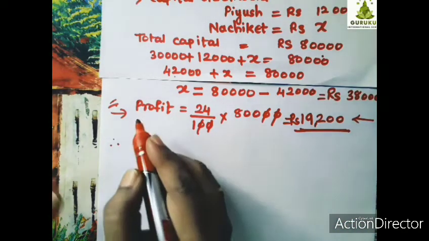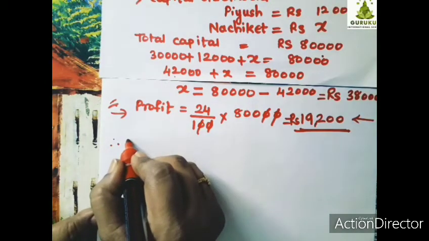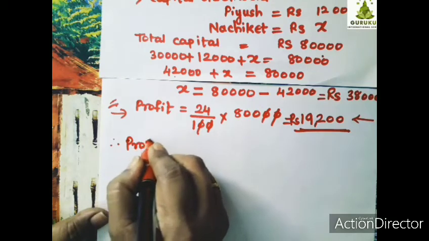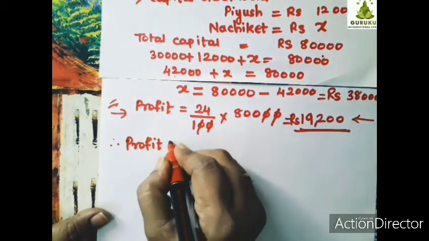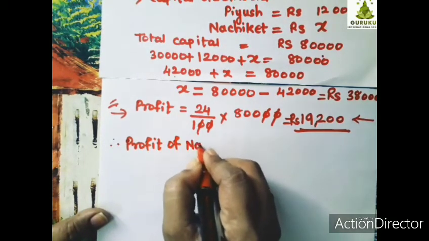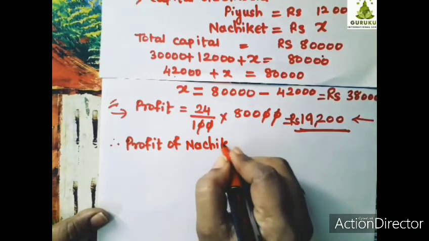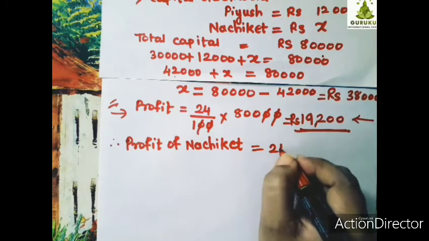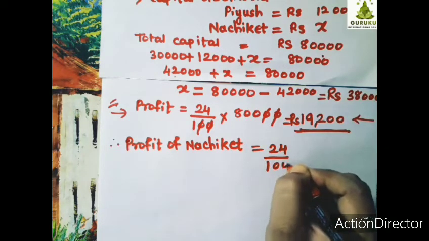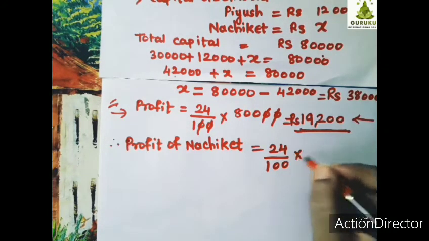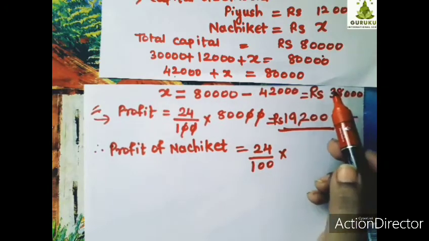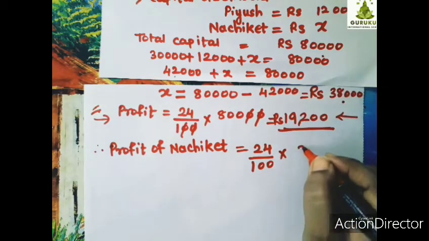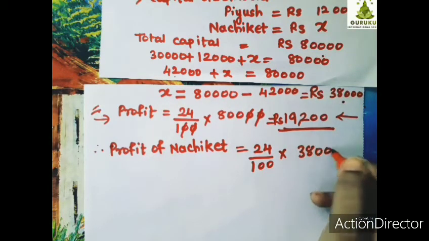Now therefore the profit of Nachiket, you can write, is 24%, means 24 upon 100 of his investment. What was his investment? We calculated 38,000. So it will come here 38,000.